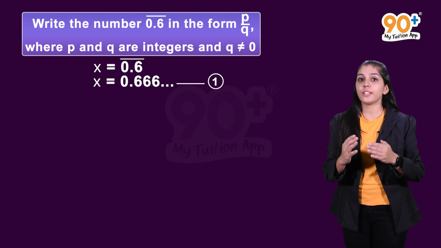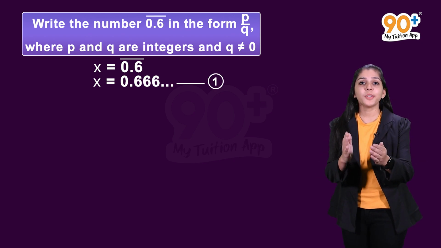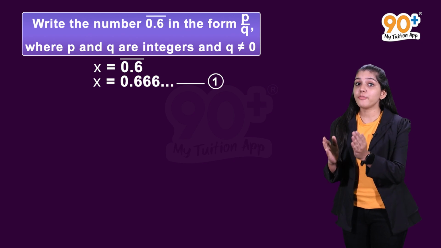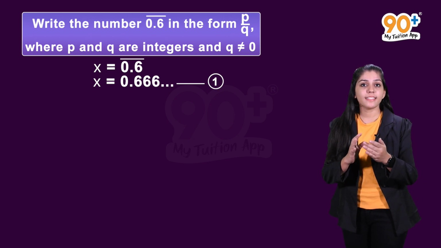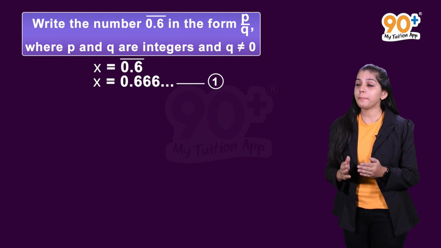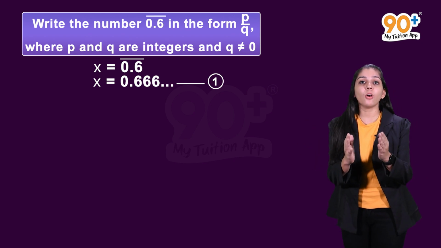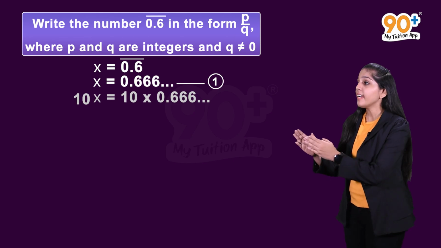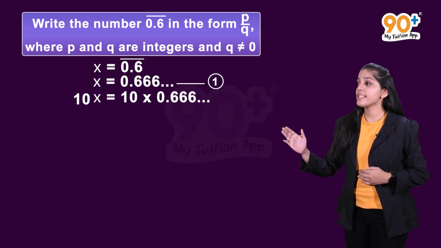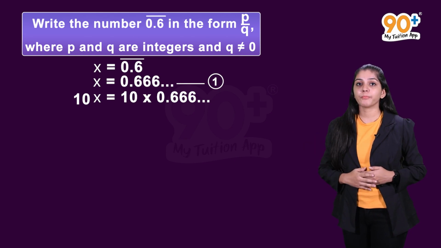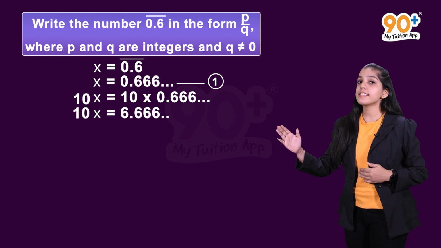Let's call this equation 1. Students, you can easily observe that after the decimal point only one number is repeating, that is 6. So let's multiply equation 1 by 10 on both sides. We get 10x is equal to 10 into 0.666 and so on.